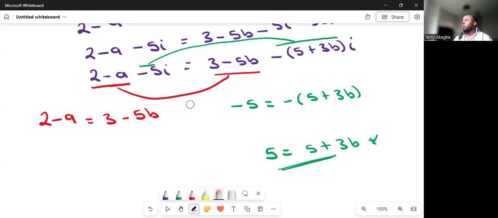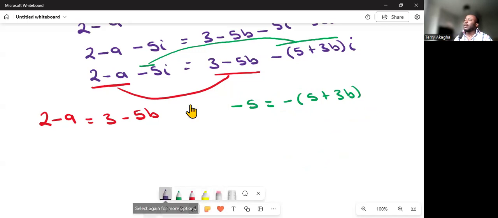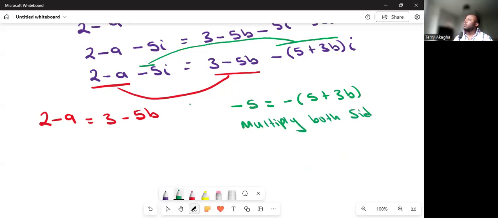So we can then simplify this. We multiply both sides by minus 1. So it's going to be minus 5 is equal to minus 5 plus 3b.